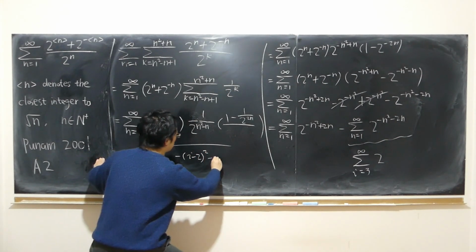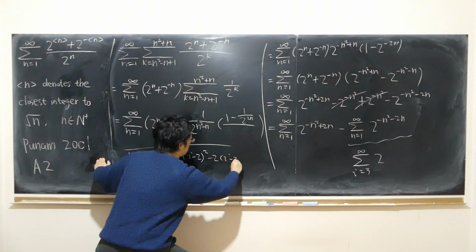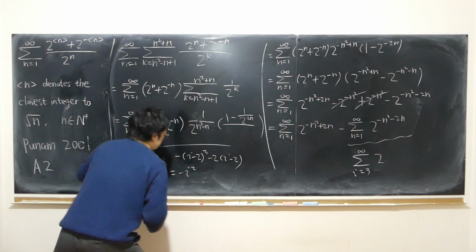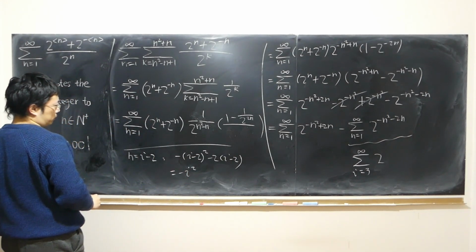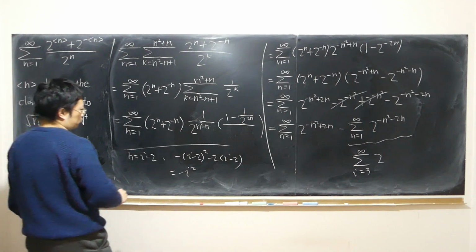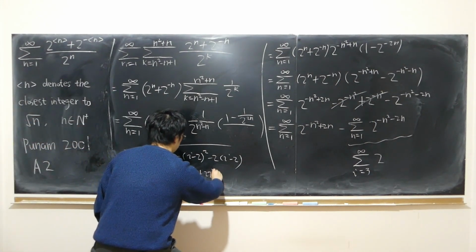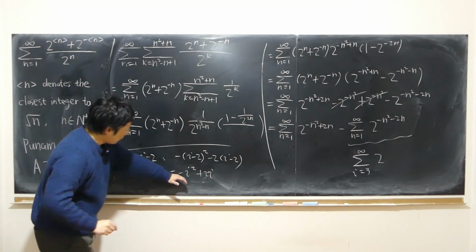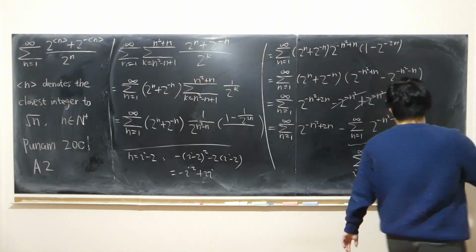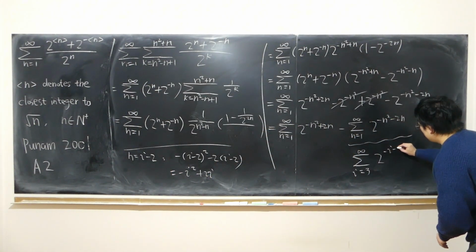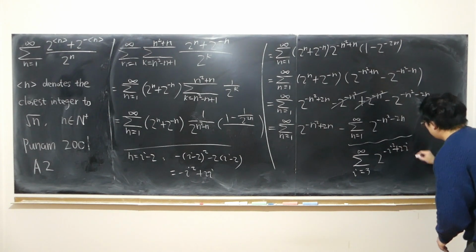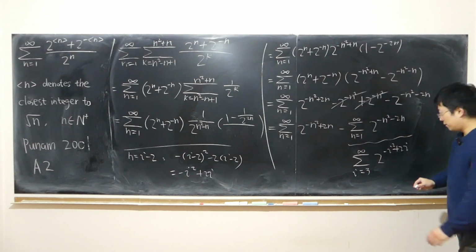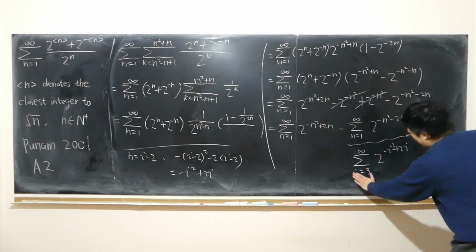Negative 2n becomes negative 2 times i minus 2. Right? So negative i squared plus 4i minus 4, minus 2i plus 4. Minus 4 plus 4 gone. So negative i squared plus 2i.